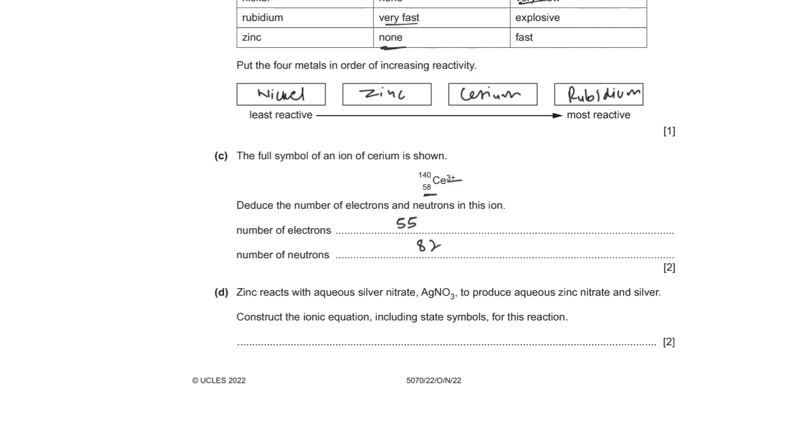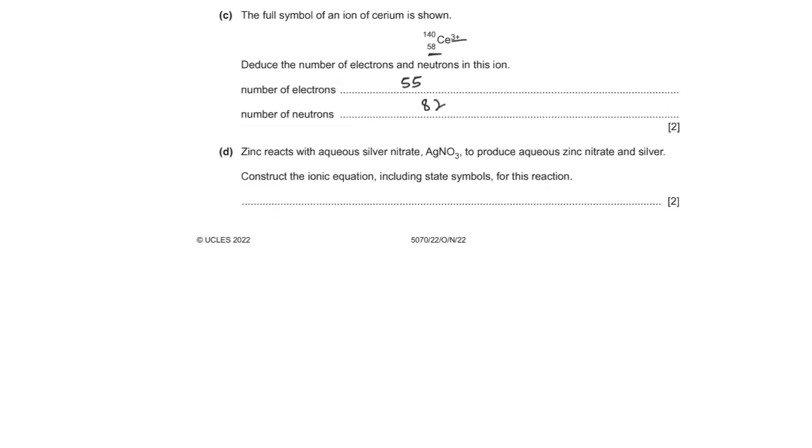Construct the ionic equation including state symbols for this reaction. The reaction is zinc reacting with silver nitrate to produce zinc nitrate and silver.